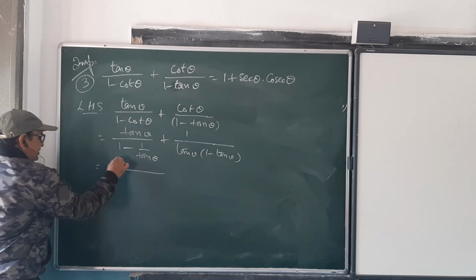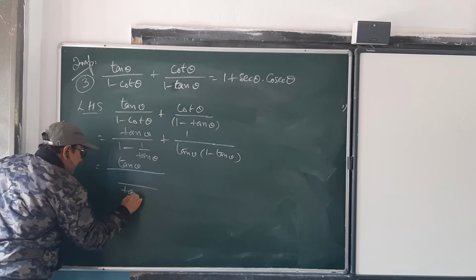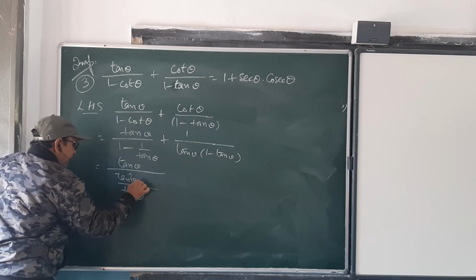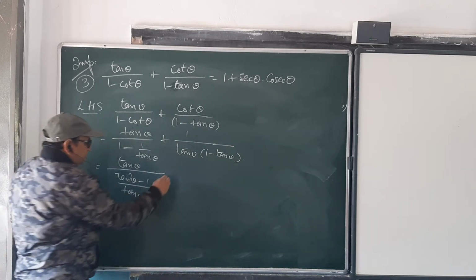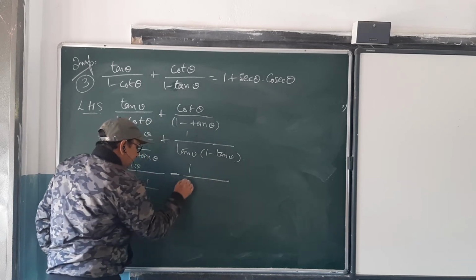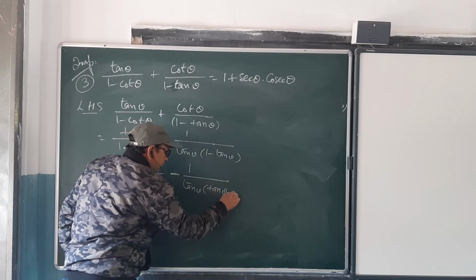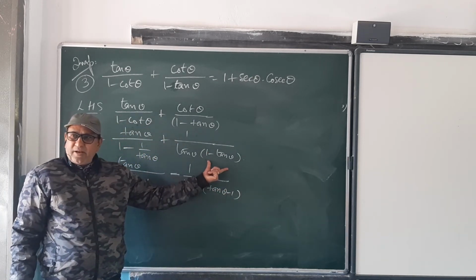Now see here, it is the method of the LCM in the denominator. The denominator is tan theta, LCM is tan theta, so it becomes tan square theta minus 1. And remember, take minus as a common and change it to tan theta minus 1. This is one of the important steps.